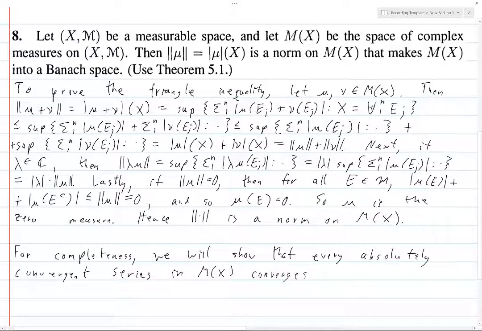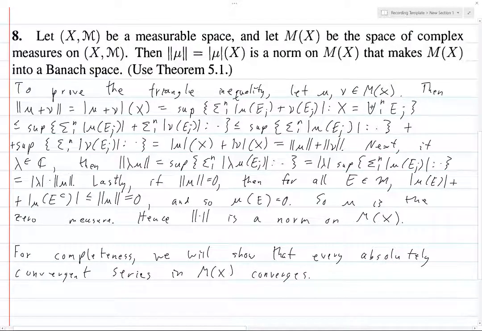When I say converges, I mean converges in Mx with respect to this norm that we have on Mx. And this is equivalent to completeness by theorem 5.1.